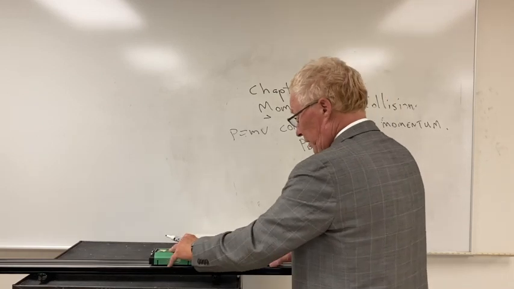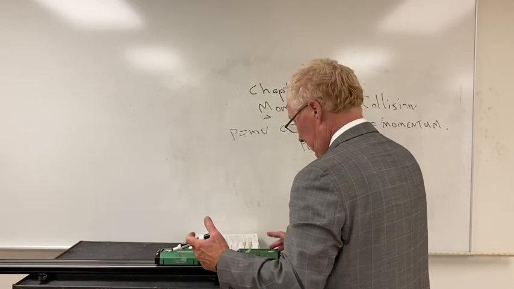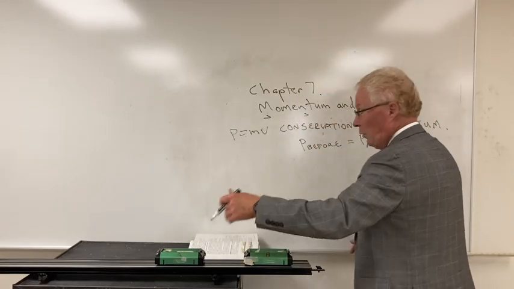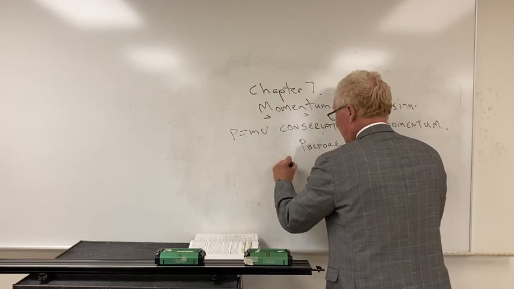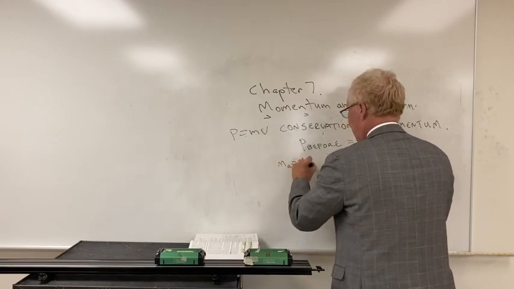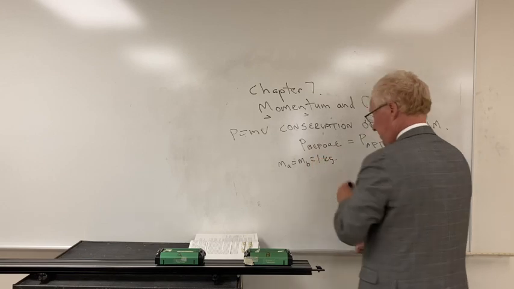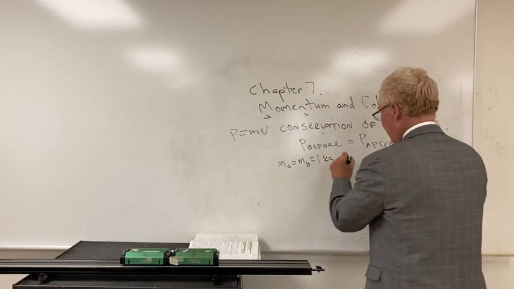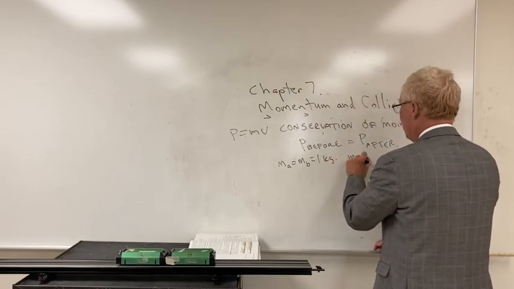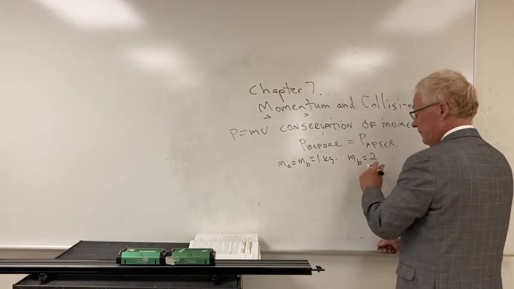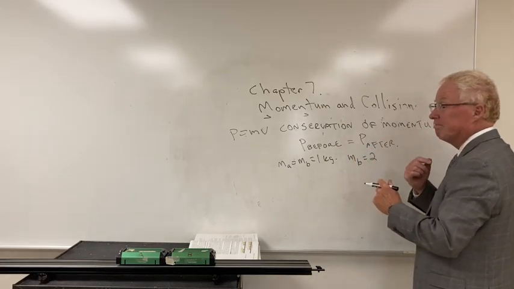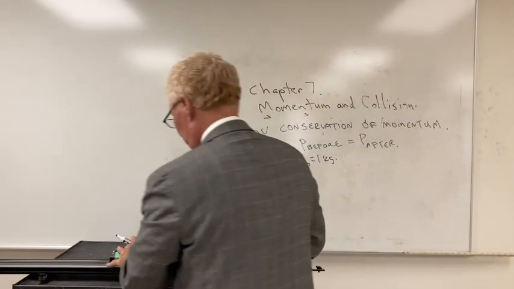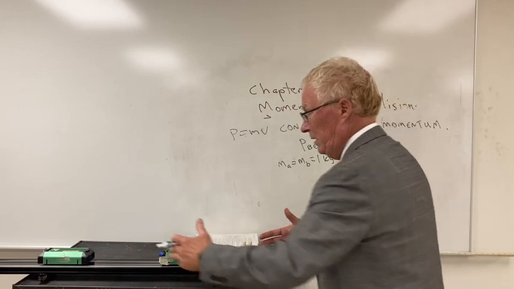Both A and B are equal in size, so let's say MA equals MB is 1 kilogram, just to make it simple. Let's do it the other way around. Let's have it come this way. So we're going to have A come at B.